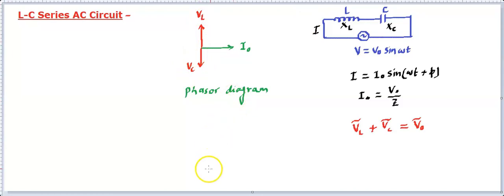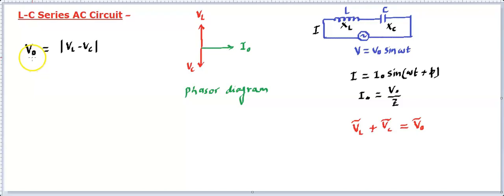So let's assume VL is higher, or whatever the case may be. Can we say, let me write directly, what this V naught is going to be? This V naught is going to be equal to mod of VL minus VC. Whatever VL and VC are, you can place them there.